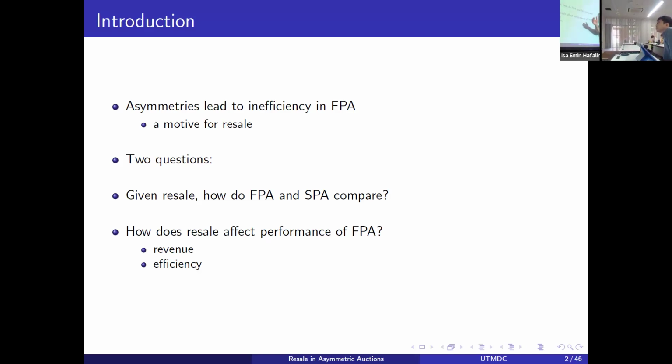So you can compare first price auctions with resale and first price auctions without resale, in terms of revenue and in terms of efficiency. In the second paper, we have some interesting results about this. I'm not going to do a spoiler here, but you will see.